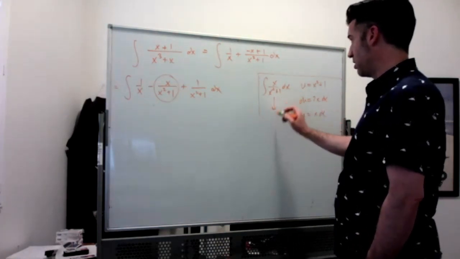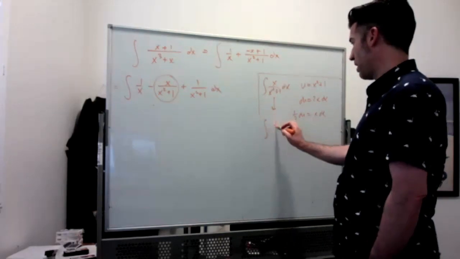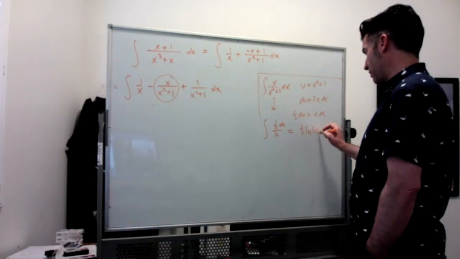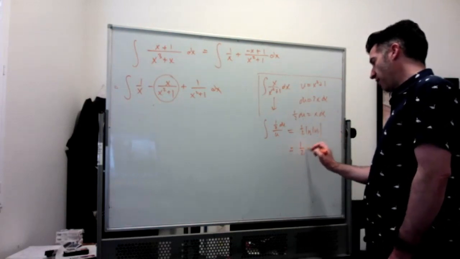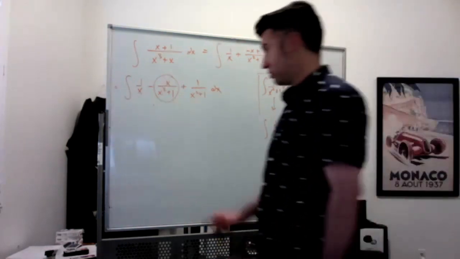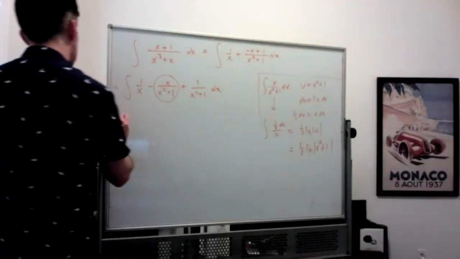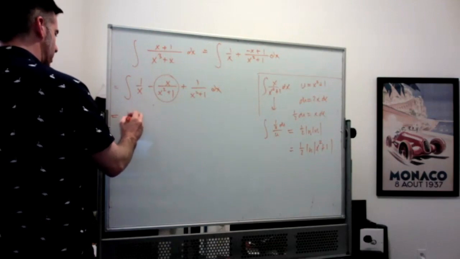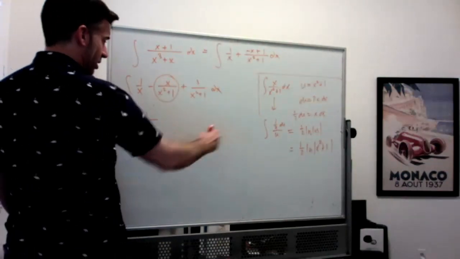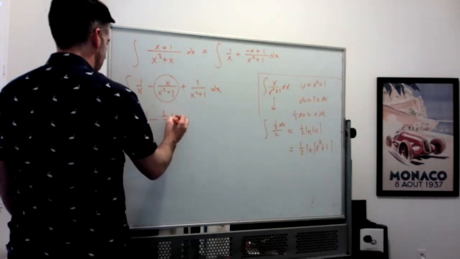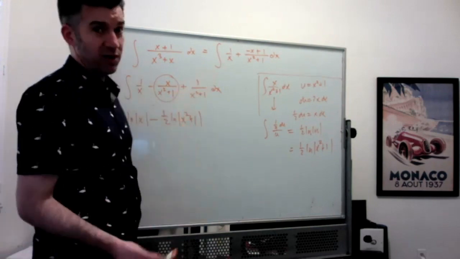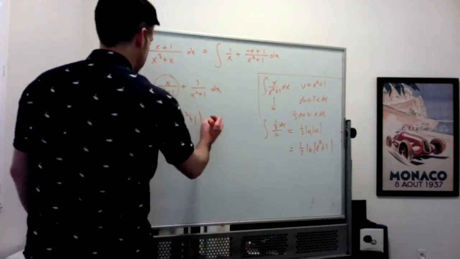So this integral becomes the integral of 1/2 du over u, which is 1/2 the natural log of the absolute value of u, which is 1/2 the natural log of the absolute value of x squared plus 1. So you can integrate this as: the integral of 1 over x is the natural log of the absolute value of x. The integral of x over x squared plus 1 is 1/2 the natural log of the absolute value of x squared plus 1. And the integral of 1 over x squared plus 1 is the inverse tangent of x, or the arctangent of x.